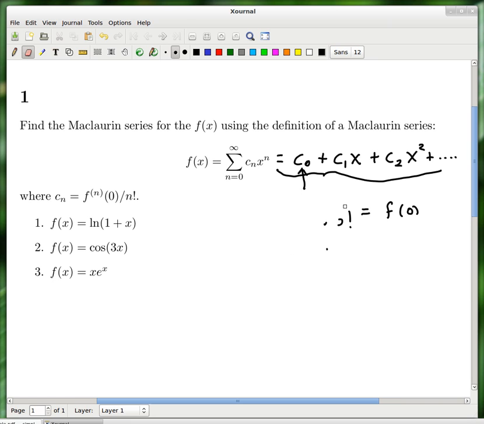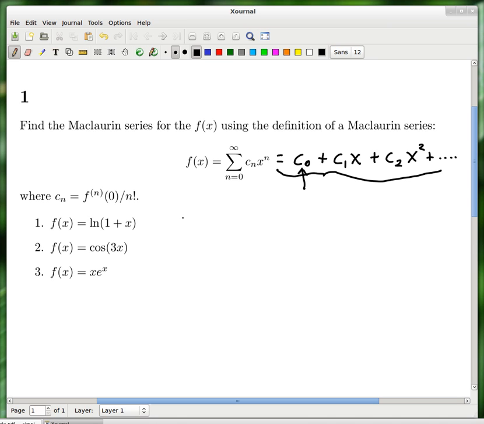So the real trick is to figure out what this is for a generic index n. To do that we have to figure out how to talk about the generic derivative of the function. This is the nth derivative of the function.